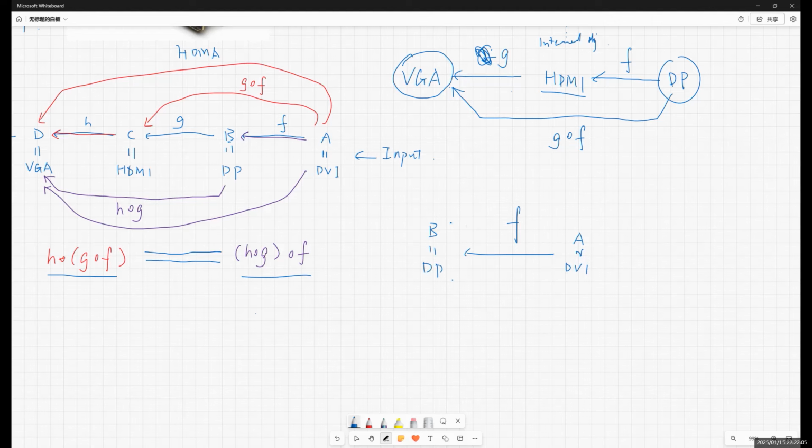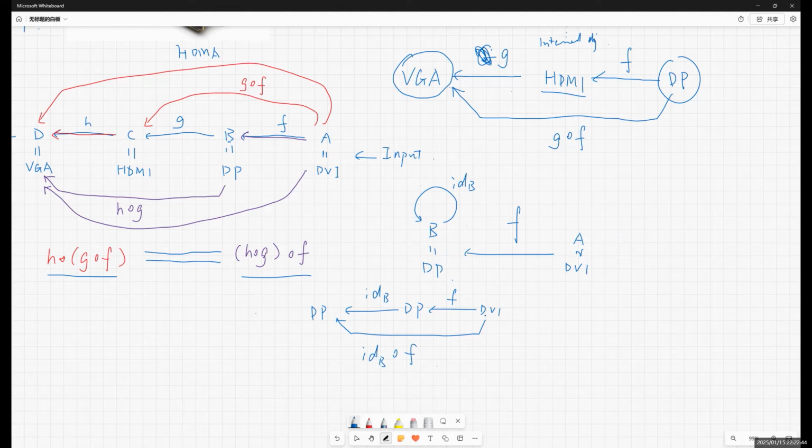If we add an idB, what will happen? From A DVI to DP and then to idB, if we expand that, it becomes idB, DP, f, DVI, still DP. So the composition is idB f.